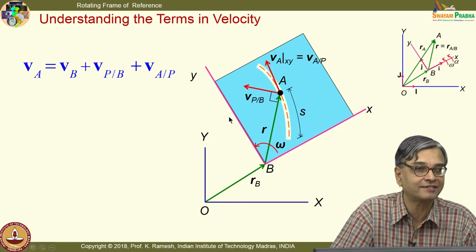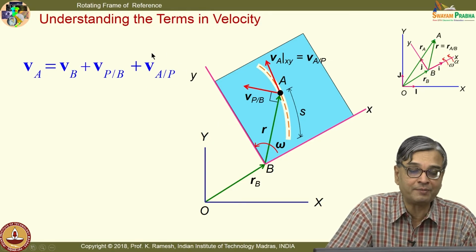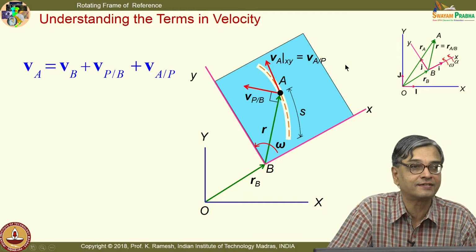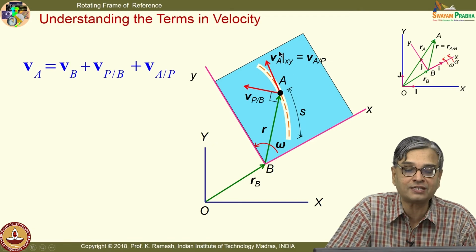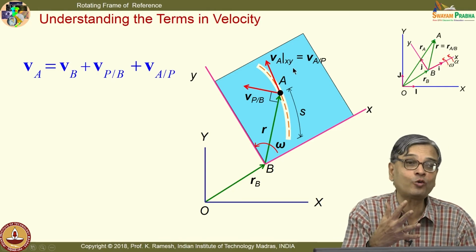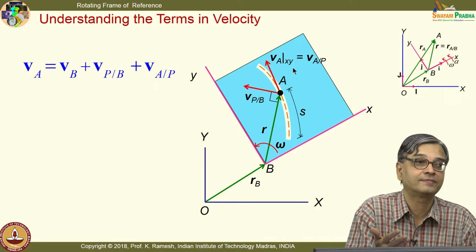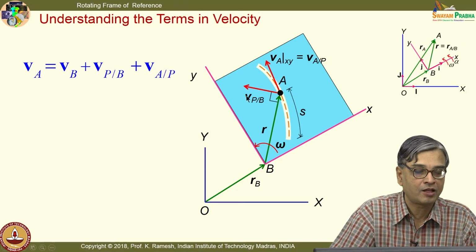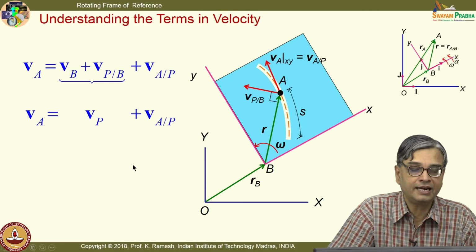Is the idea clear? As our original problem demands VAP, I have also shown this. And we also have the knowledge that VAP is nothing but the velocity perceived in the rotating frame xy. That idea you get from the coincident point when we took a very simple problem of a slot. And this I write as VP plus VAP, fine.